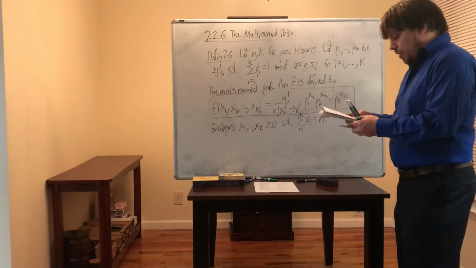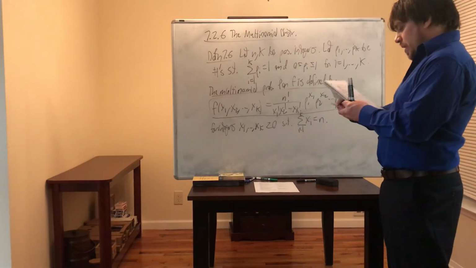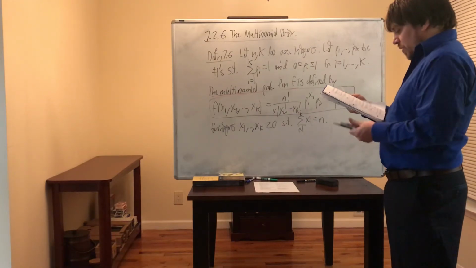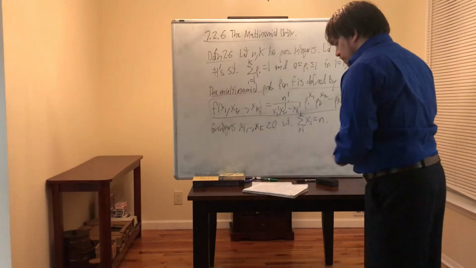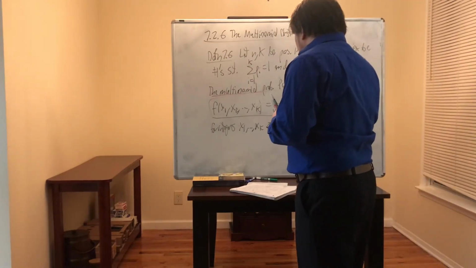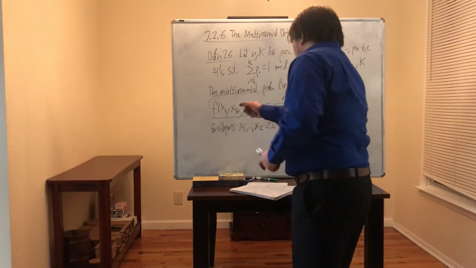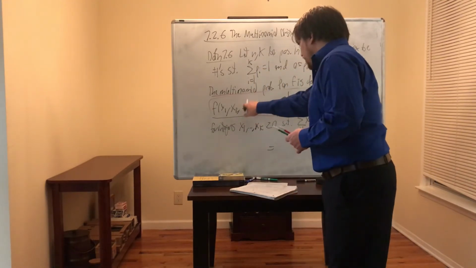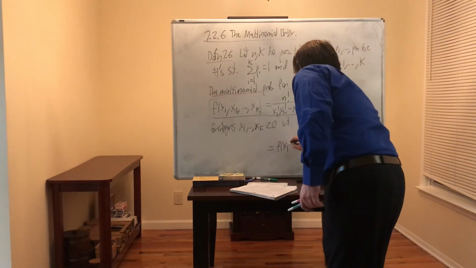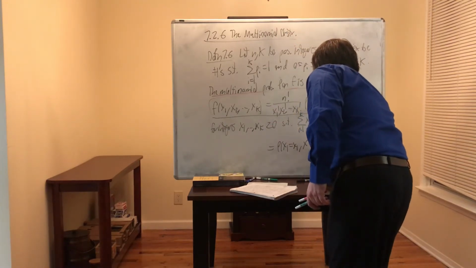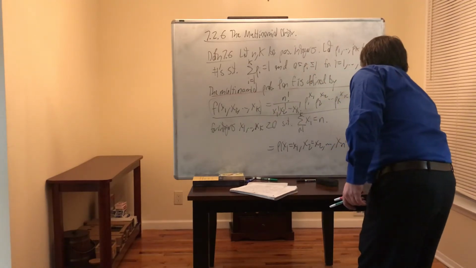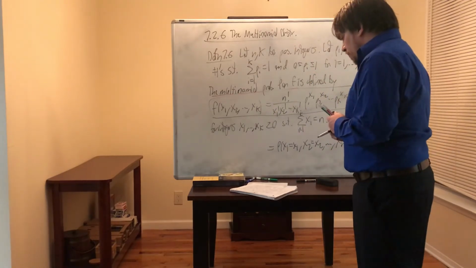Okay, and so you could also say that f of x1 through xk is equal to the probability that X1 is equal to little x1, X2 is equal to little x2, up to Xk is equal to little xk.